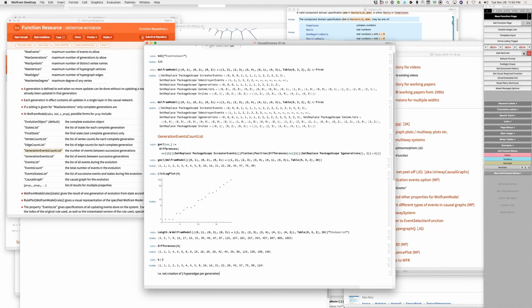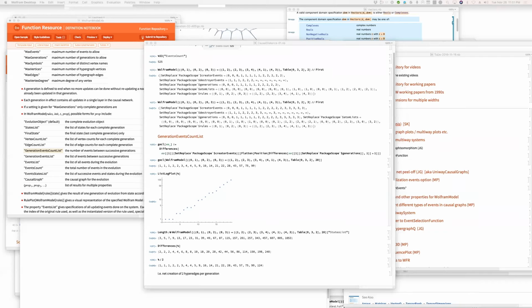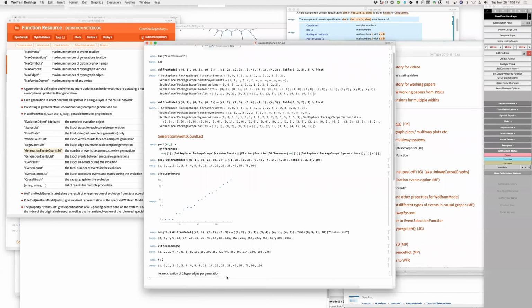Well, so wait a minute. So is this obvious? Is this the case that the generation events counts list is just something that is directly dependent on the sizes? For a single rule, I think so. Multiple rules, of course not.